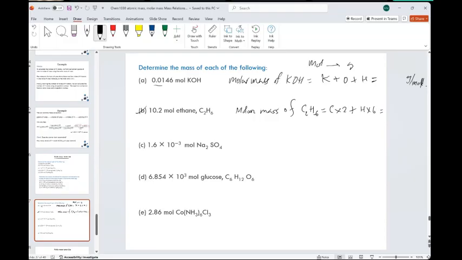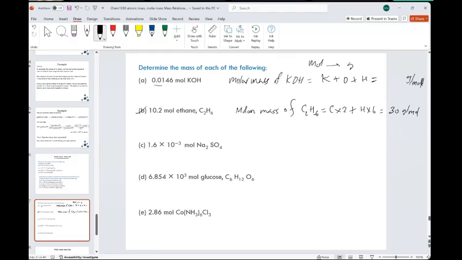C means 12. 12 times 2 is 24. H means 1. 1 times 6 is 6. So 24 plus 6 equal to 30 gram over mole. So I just skip one step there, and you will be able to skip steps when you do this type of exercise a lot of times.